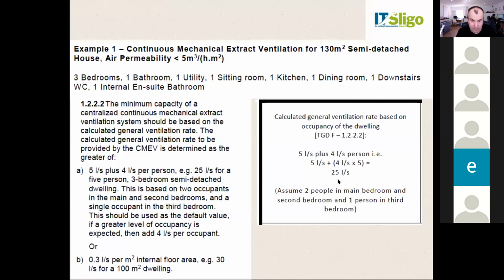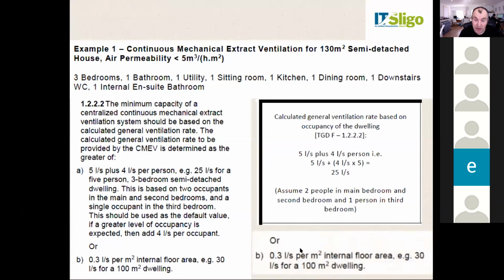Once I've done the slide share, I'm going to show you the principle of what we're doing, scribbling it out on a piece of paper. Or, it is 0.3 liters per second per meter squared of the building. We have in this building 130 meters squared.